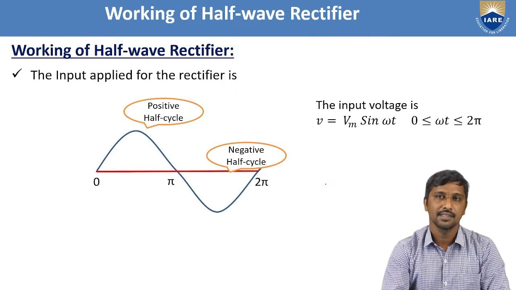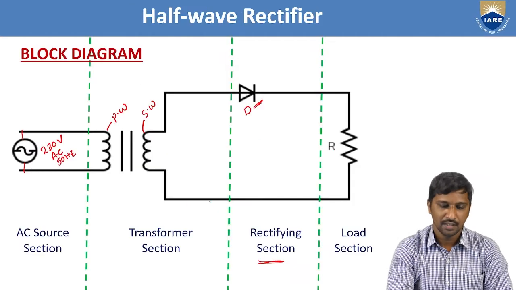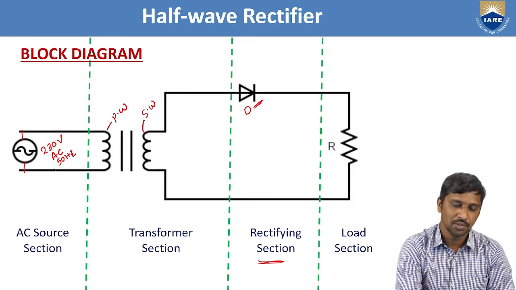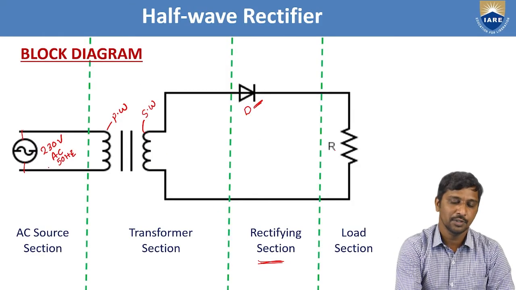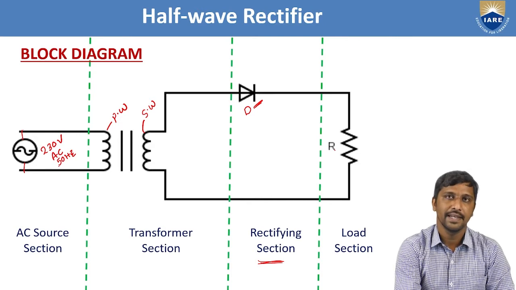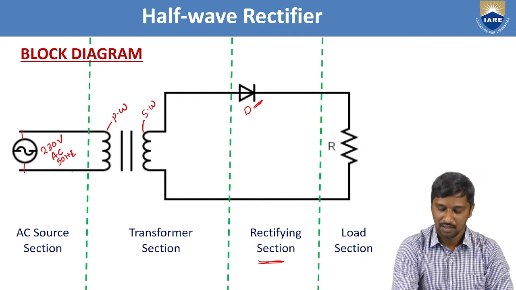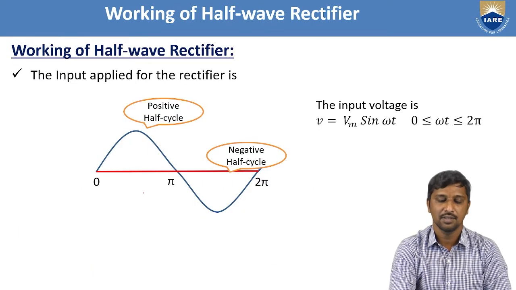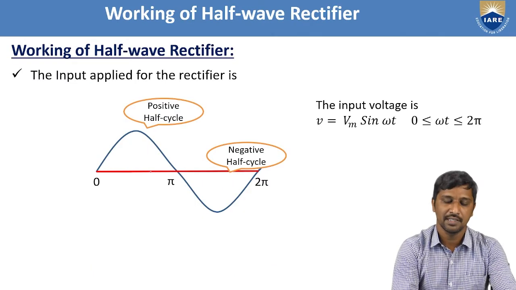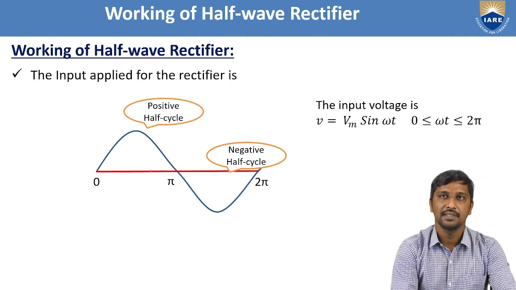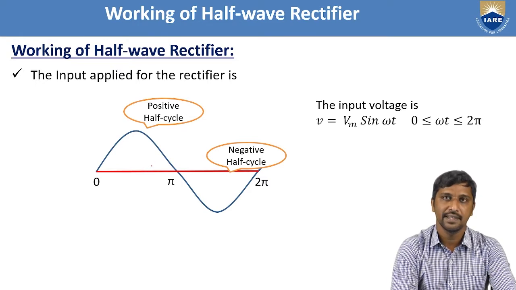For this case, if you observe the circuit, we are going to apply a 230 volt AC signal with a frequency of 50 Hz. Let us consider this as the given input signal. The input signal contains two peaks.